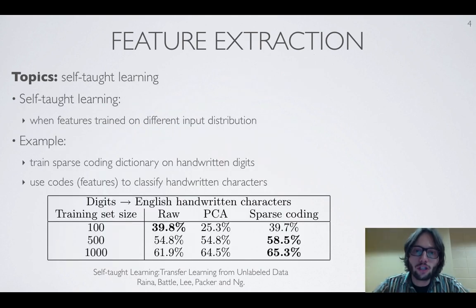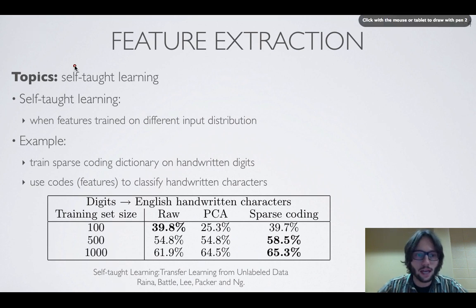In fact, we could actually train our sparse coding dictionary on a different type of data set. So if we had a large collection of unlabeled images that did not exactly correspond to the type of images we wanted to classify at test time, we could still use the unlabeled images to extract a better representation and see whether it transfers to my main important problem that I actually want to solve in terms of classification.